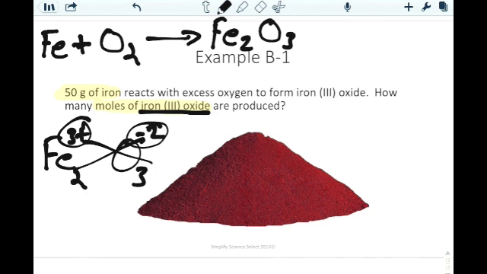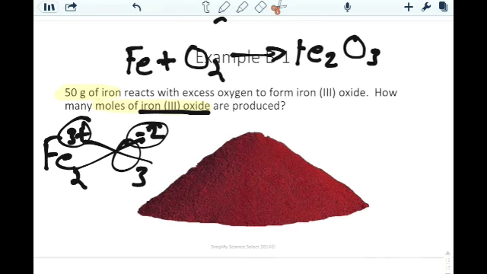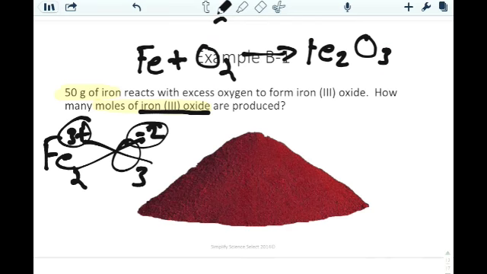Is it balanced? No, not really. So first, let's start with our metals. How do we balance that out? We can balance that really simply and put a 2 right there. But then our oxygens aren't balanced.